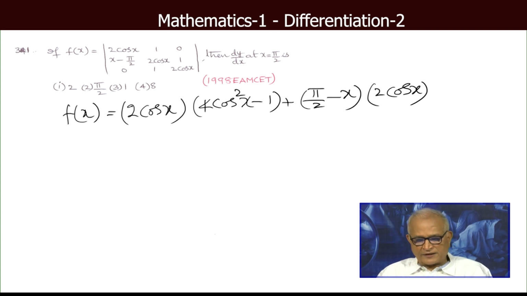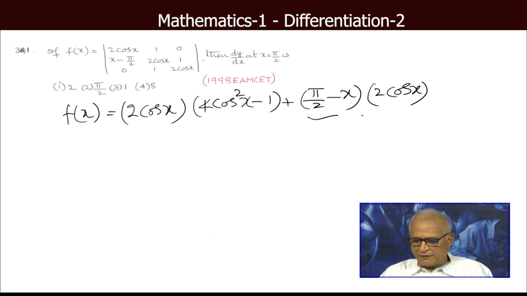So, this is f of x. He is asking what is the value of the derivative of this function f of x at x equal to pi by 2. Well, when x equal to pi by 2, pi by 2 minus x is 0 and also 2 cos x is 0.